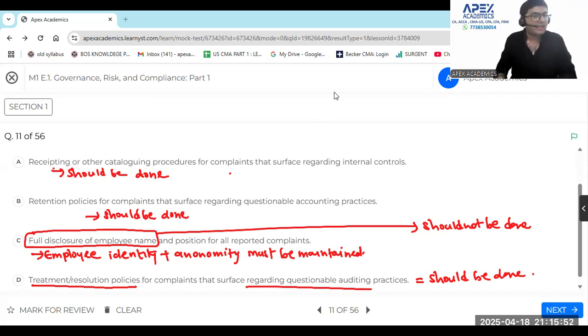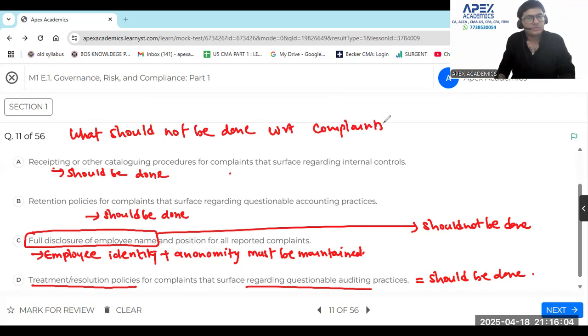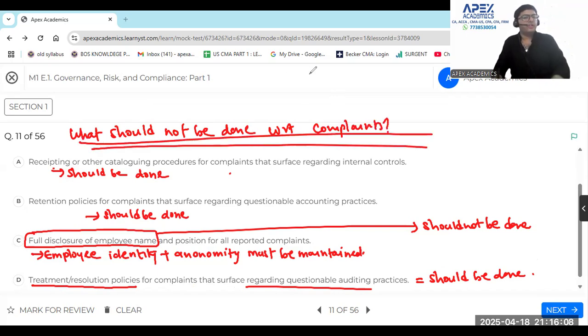What are we asking? We are saying what should not be done with respect to complaints. Are you with me on this? Yes or no? Please tell me that.